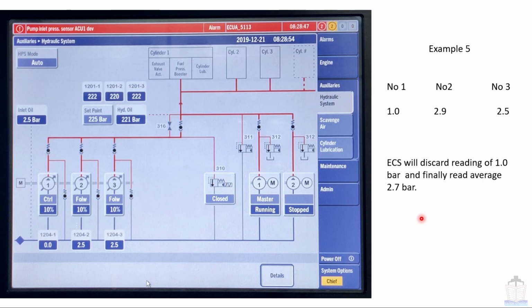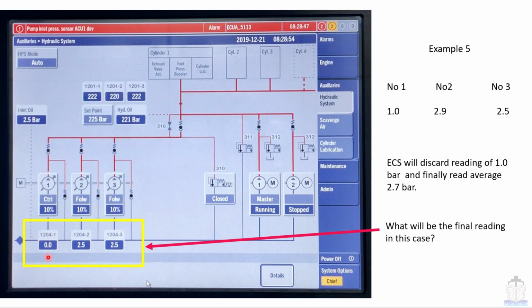Now we have seen a total of 5 examples, and I hope you have a fair understanding of how this algorithm is working. And in case similar kind of situation arises in your life, then you will be able to handle it properly. Now one question is for you. What will be the final reading in this case?